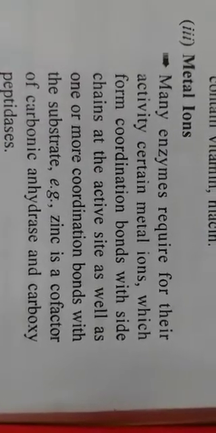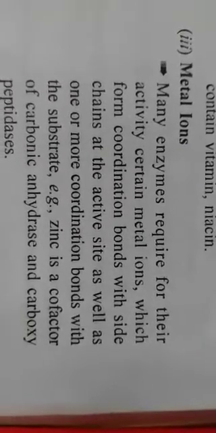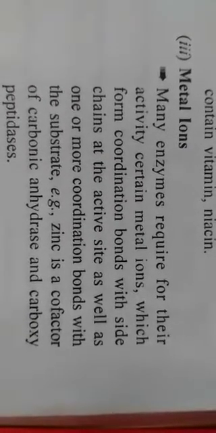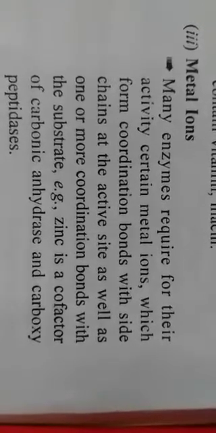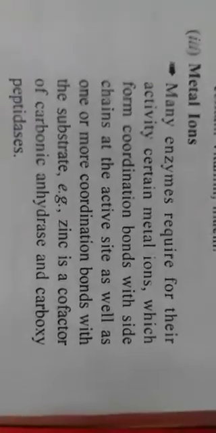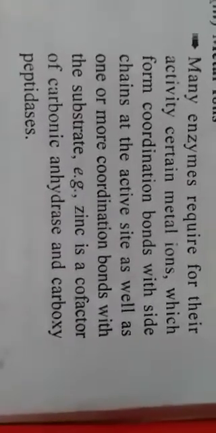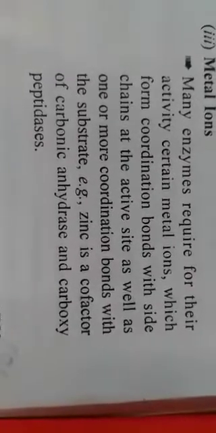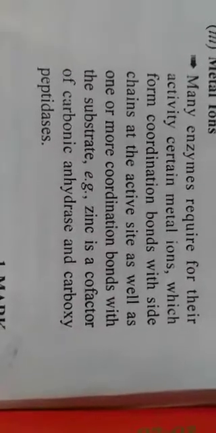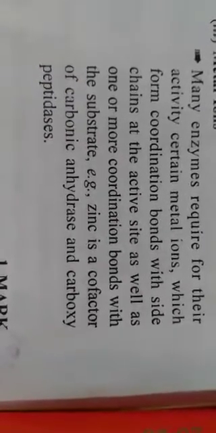Again, I repeat, many enzymes require certain metal ions for their activity, means without metal ions, they are not active. So they need some ions. Now, for example, zinc is a cofactor of carbonic anhydrase and carboxypeptidase.